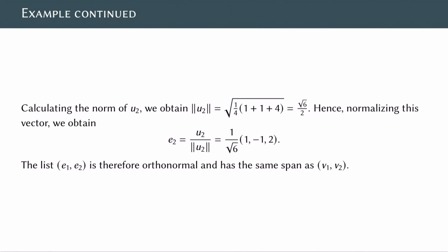Now if you want to make this into a basis of R3, all you have to do is find another vector V3 such that E1, E2, V3 span R3. Then apply the same procedure again to make V3 orthogonal to E1 and E2, then normalize that V3. That's it. So this is a straightforward computation. There is nothing really involved in this. So this concludes the second video on the Gram Schmidt orthogonalization procedure.